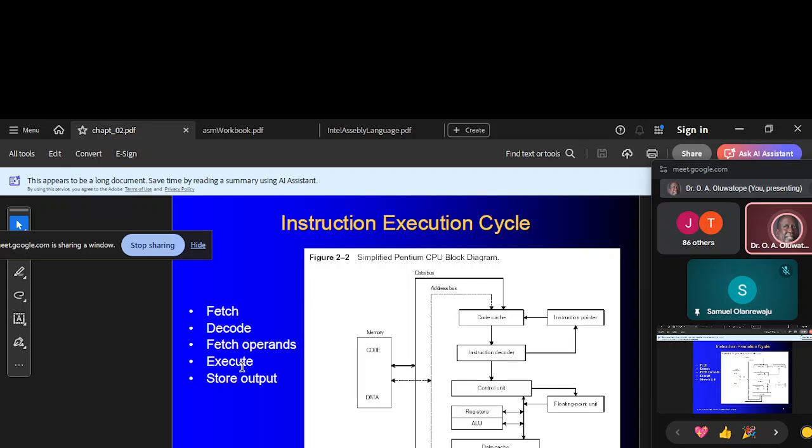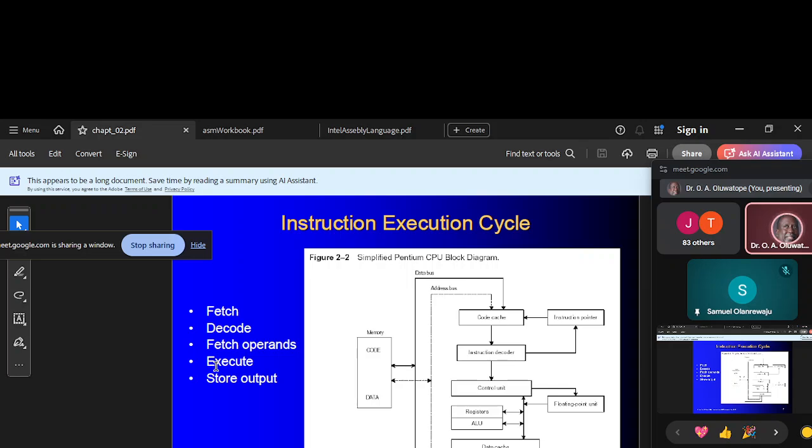The execution will be in sequence. First is to add B to C and then transfer the result to A, which will be implemented during the store cycle, the store stage rather. So this is a typical instruction cycle phase.